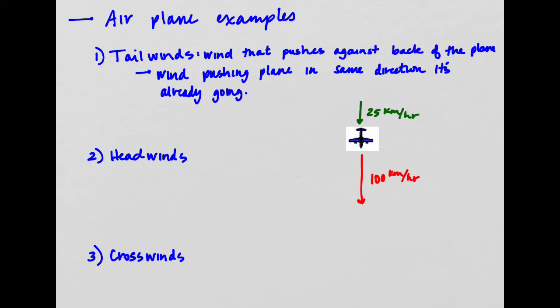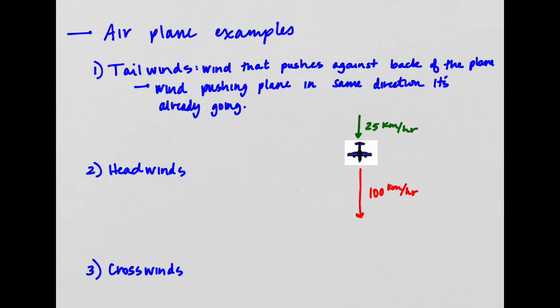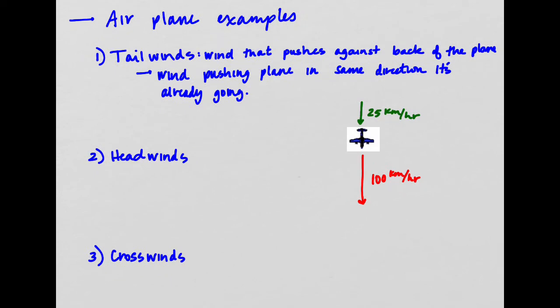So this is an example of why we have to specify the position that we're observing this plane from. Because from the ground, the plane looks like it's going faster than it looks from inside the plane. Inside the plane, the speedometer reads 100 kilometers per hour, right? The engine is pushing the plane forward at 100 kilometers per hour.